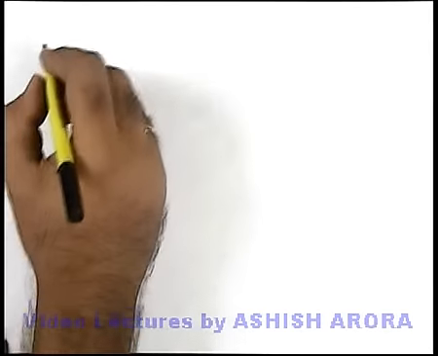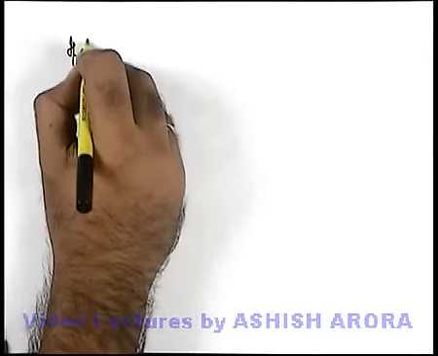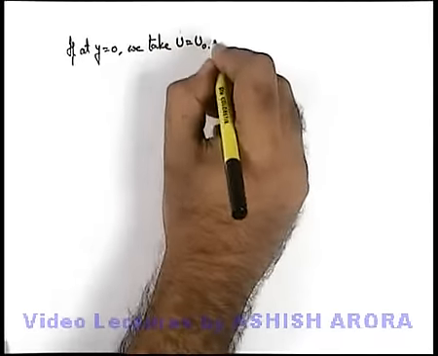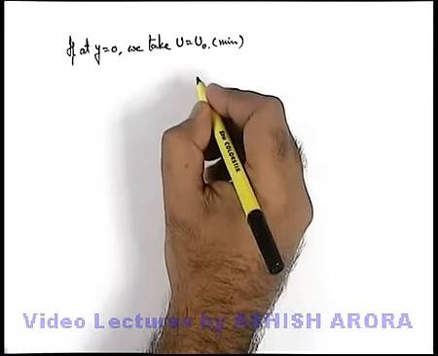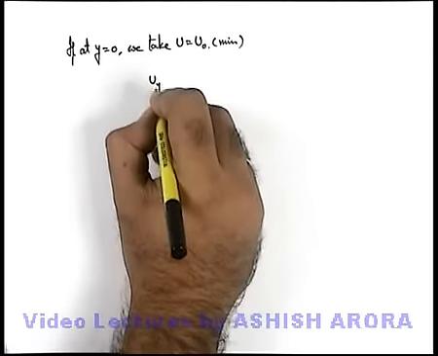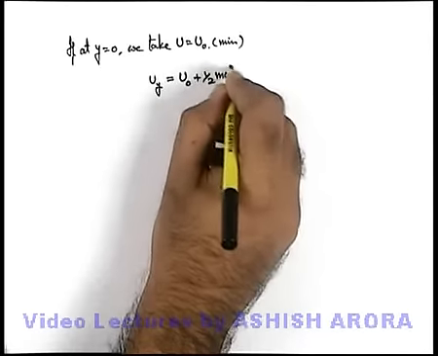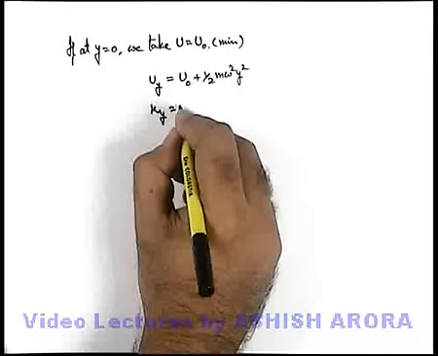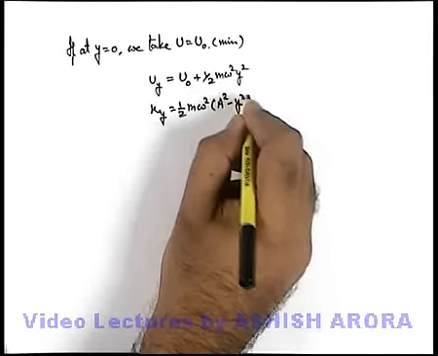Now in the previous situation, we took potential energy at mean position to be 0. Now if at y equal to 0, that is at mean position, we take potential energy to be u naught, the minimum potential energy of the particle at mean position, then potential energy as a displacement function will be u naught plus half m omega square y square, and kinetic energy as a displacement function will remain the same, half m omega square times a square minus y square.